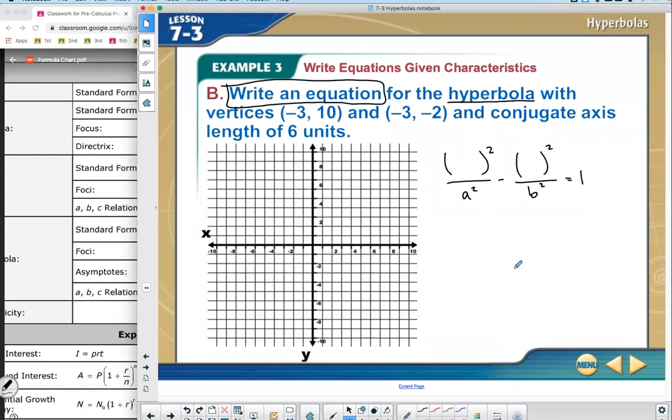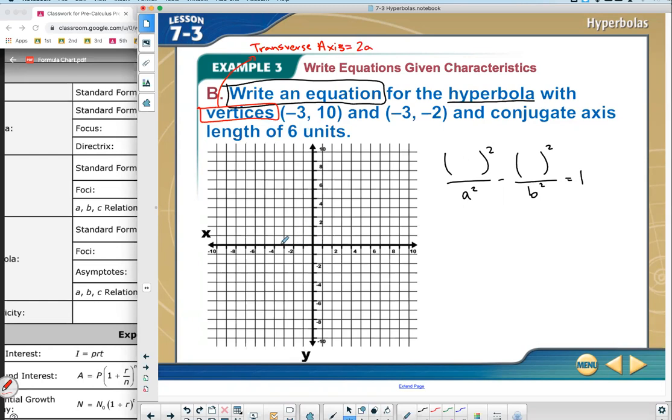So it looks like they gave us vertices. All right, you tell me, mental association. When you hear vertices, what should you think of? A, yeah, it's like your transverse axis, kind of like the major axis from ellipse, and that's going to equal 2a.